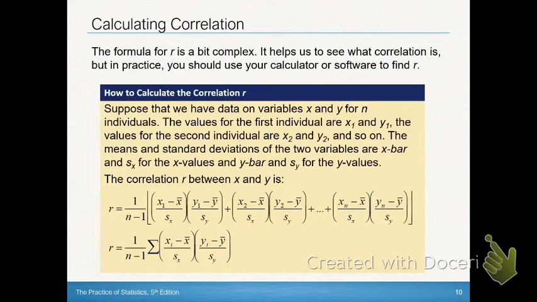The good news is that you're never going to do this by hand. This formula is on your formula sheet, but you're always going to find your R value from your calculator or maybe from some computer output, like a Minitab output, but you wouldn't ever be doing this by hand.